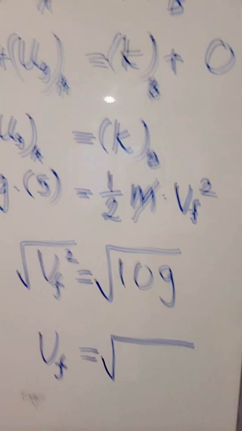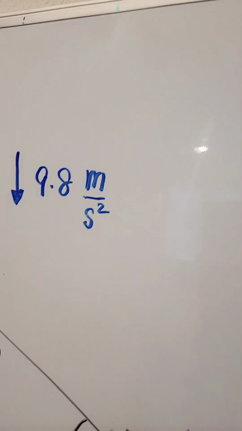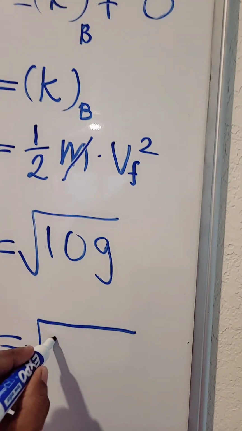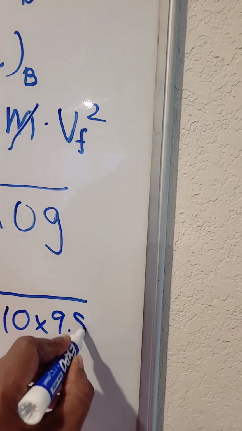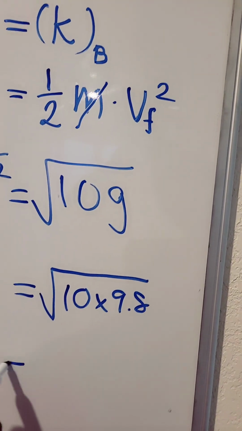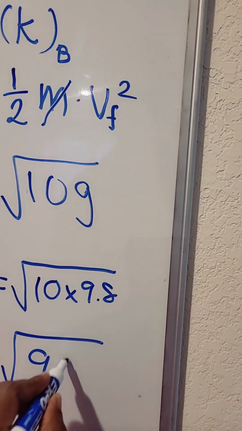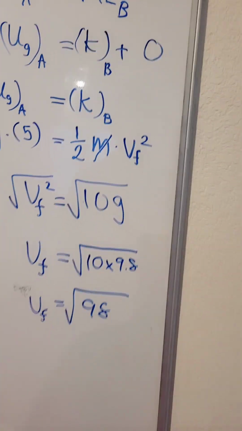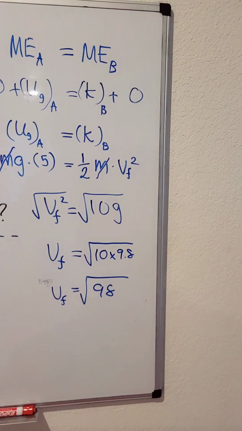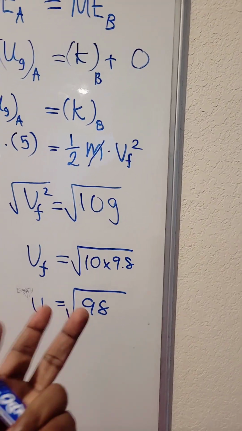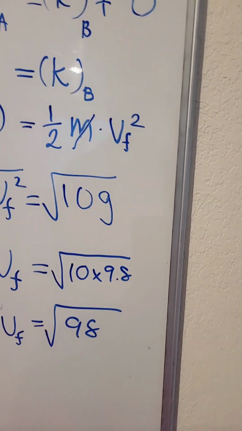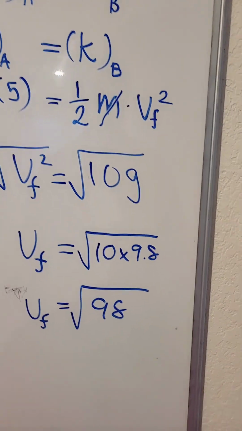What is g? g is 9.8, guys. So 10 times 9.8, so v final is square root of 98. Square root of 100 is 10, so this is very close to 10, but slightly lower than 10. It's actually 9.9.